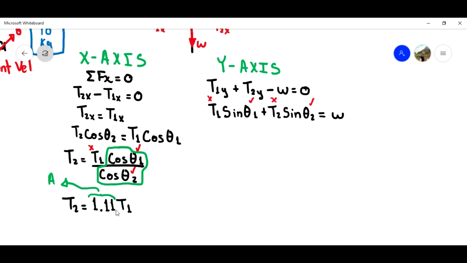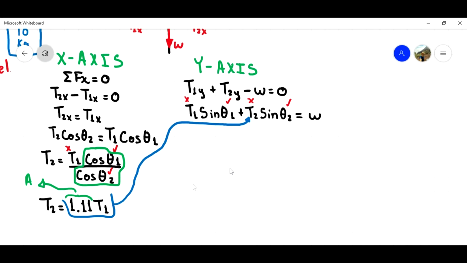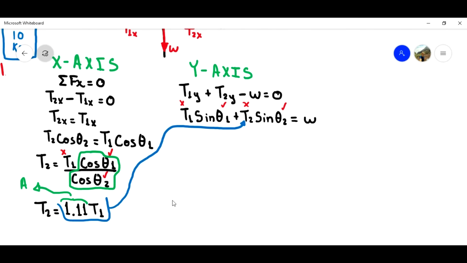So this number over here, this complete number, I'm going to substitute in the other equation over here, because that is what tension 2 is: 1.11 times tension 1. Okay, so that's what I'm going to do.